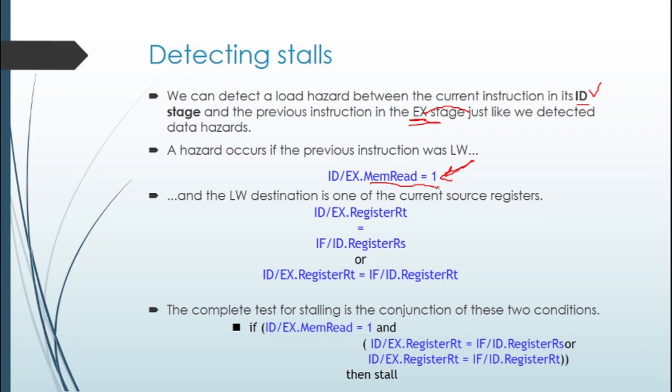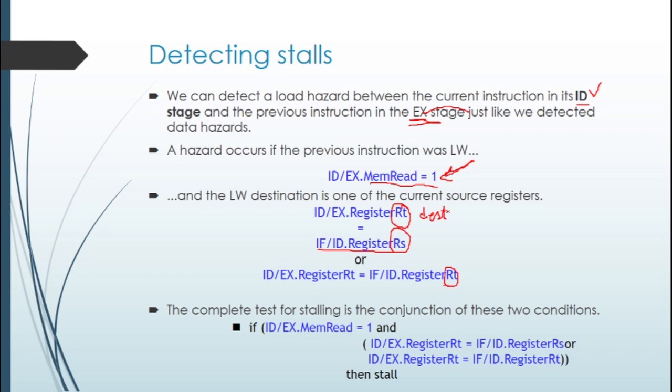The second condition is that the current instruction is dependent on the load instruction. How do we check that? We look at the current instruction in IF/ID, its register RS and its register RT. If the current instruction's RS or RT is the same as the previous load word instruction's RT, which is the destination for a load instruction, it means that for a load instruction, the destination is RT.